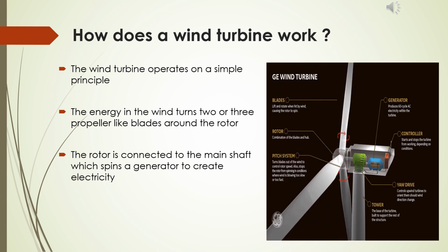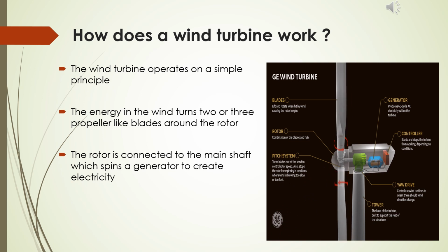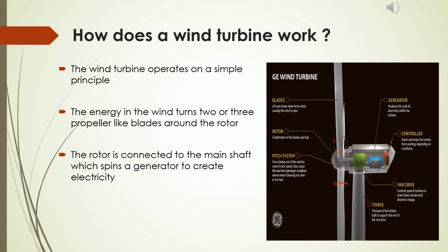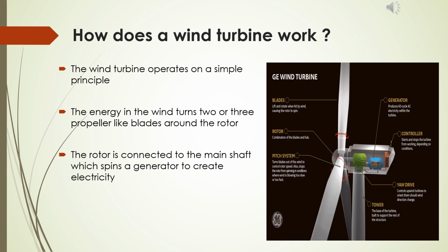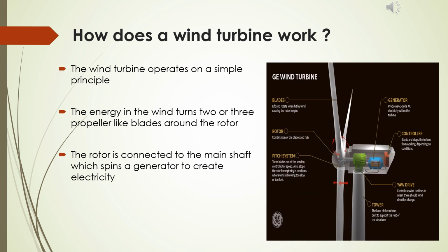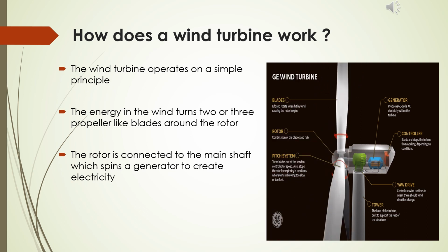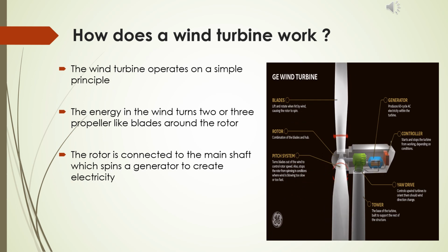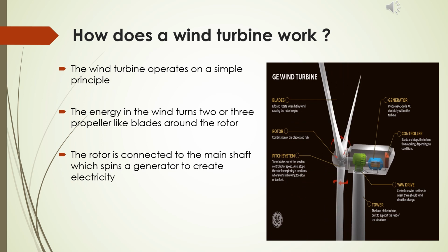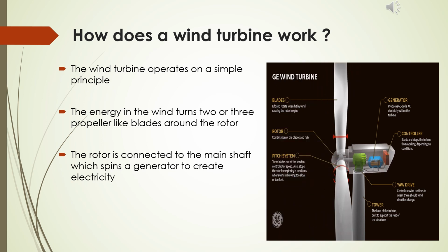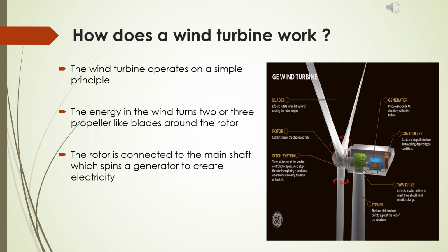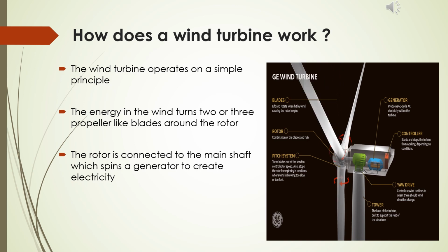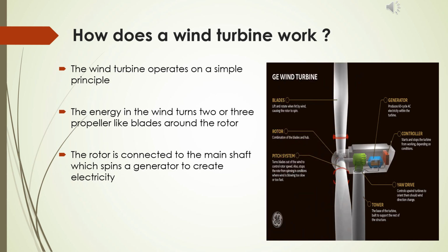It spins a generator so that the mechanical energy is converted into electricity. So in a summarized way, we can say the kinetic energy of the wind is first converted to mechanical energy, and then ultimately it is converted into electricity or electrical energy through the generator.